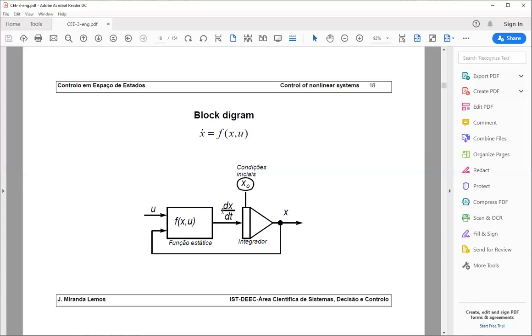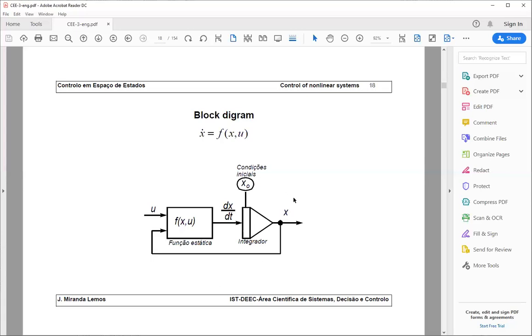To force the derivative, your nonlinear function must map u and x at the input to dx/dt. So you connect the output of this block, which is your f function, to force it to be dx/dt. And you impose the initial conditions by imposing the values of the integrators.